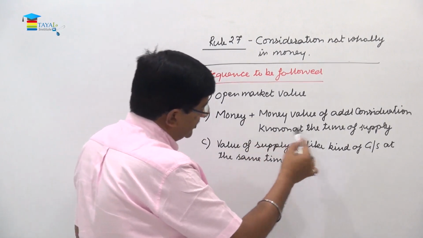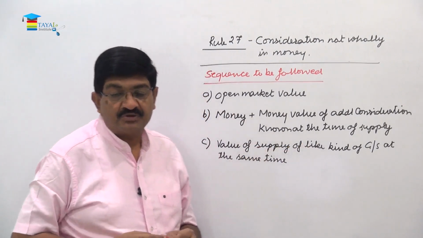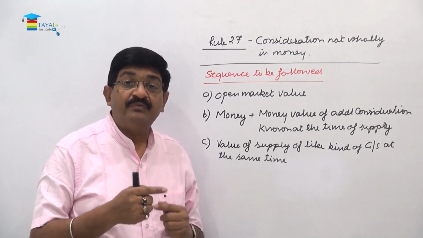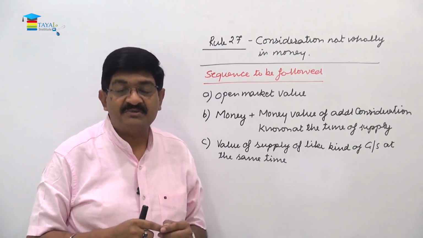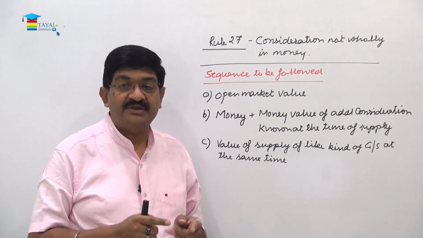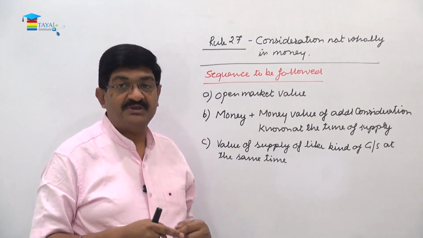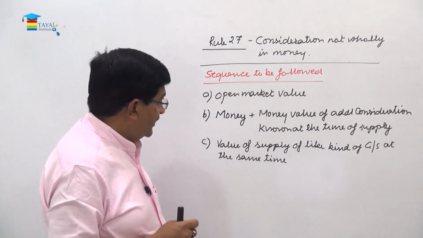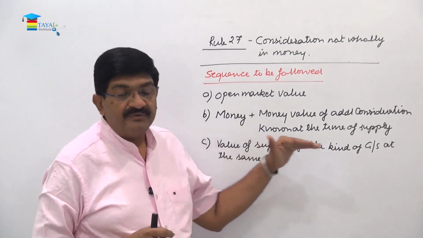So when is the supply said to be of like kind of goods and services? When those are substantially the same in terms of quality, quantity, reputation, performance, functionality, everything closely resembling, then we will take the value of the supply of that kind of goods.